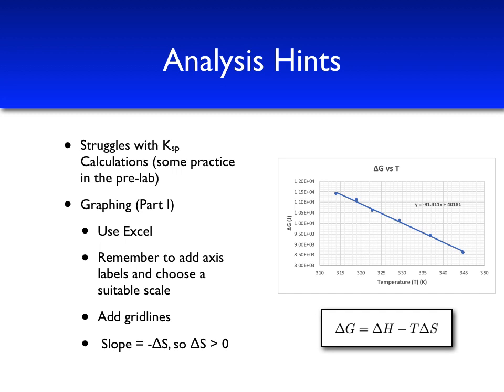The only difference in each trial is that the volume of water changes as 10 milliliters are added to the flask for each run.